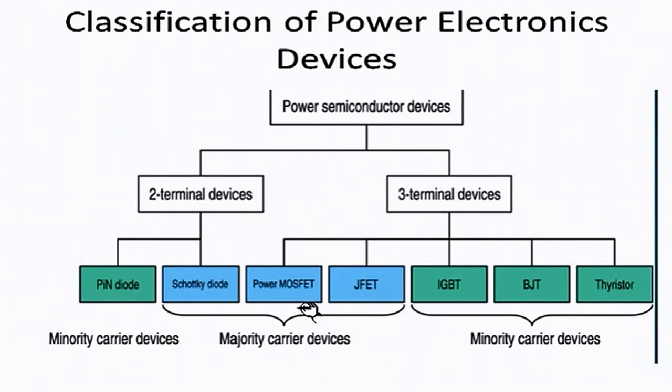For example, a thyristor has 3 terminals, namely anode, cathode and gate. BJT has emitter, base and collector. IGBT has emitter, collector and gate. Similarly, MOSFET and JFET also have 3 terminals.